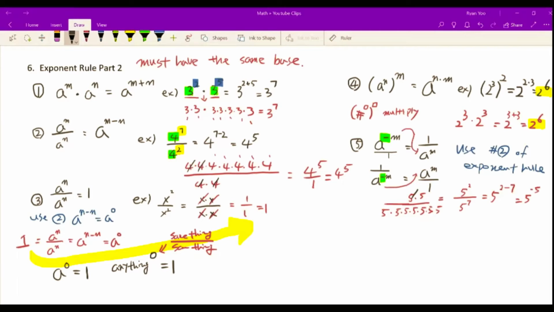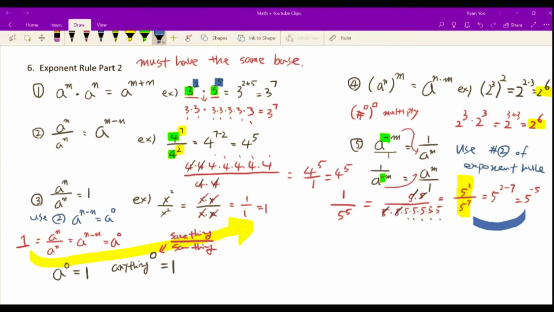This one and this one cancel, this one and this one cancel. So I have 1, 2, 3, 4, 5 fives left. I have 5 to the 5th power in the denominator, and in the numerator there's a 1. We start from 5 squared over 5 to the 7th power, and we found we have two answers.